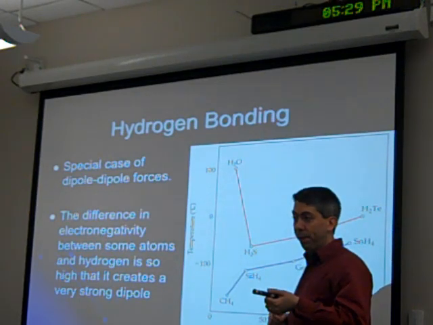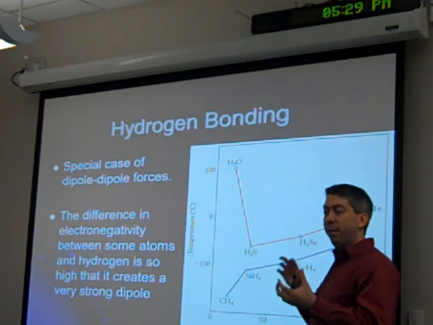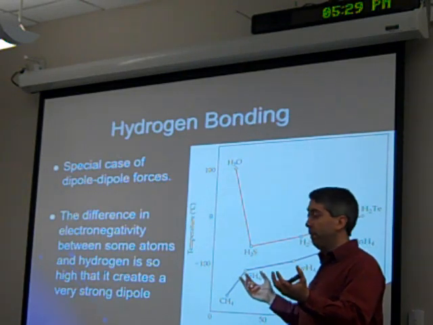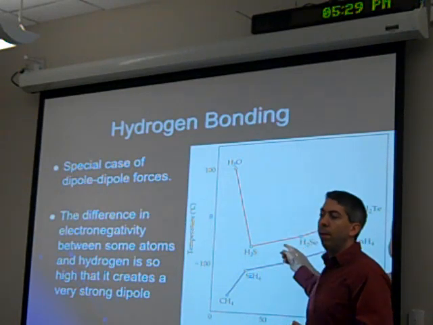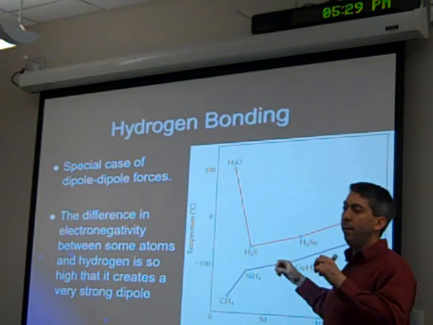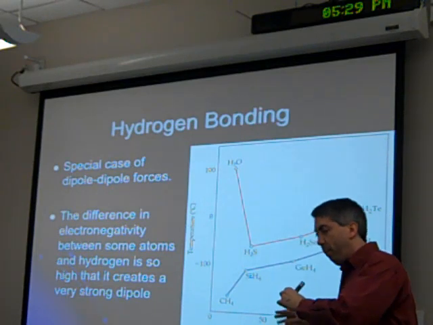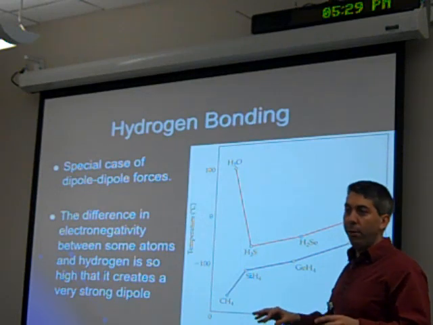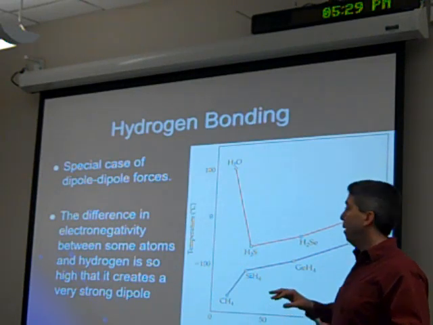London dispersion forces. Remember I said these are additive. You have the London dispersion forces and you have the dipole-dipole forces. Any molecule that's polar not only has dipole-dipole forces, it also has London dispersion forces. Pretty much any molecule has London dispersion forces.